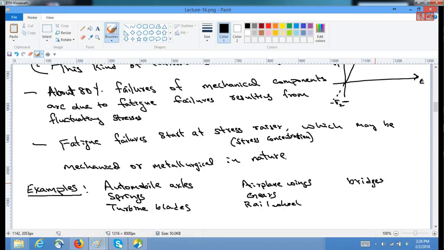In most of the mechanical components we design, we design them so that they can be used multiple times. That means whenever you are using it not just for one single time, it is obviously undergoing fatigue.